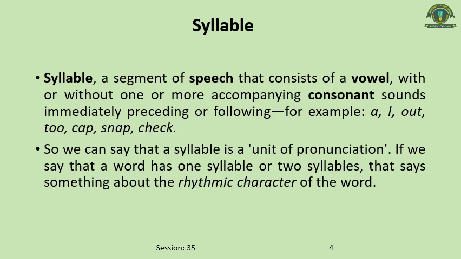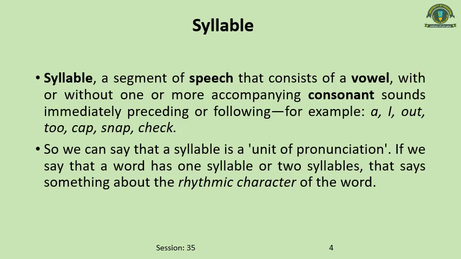And then the second statement says that a syllable is a unit of pronunciation. You can call it a segment, you can call it a unit of pronunciation. But remember, if we say that a word has one syllable or two syllables, that says something about the rhythmic character of the word. So that means a syllable generates rhythm. And you have done what is rhythm.